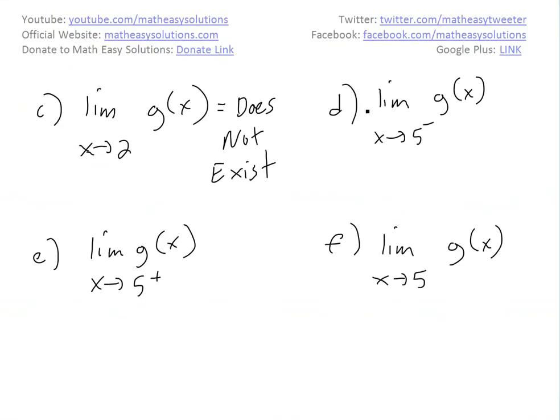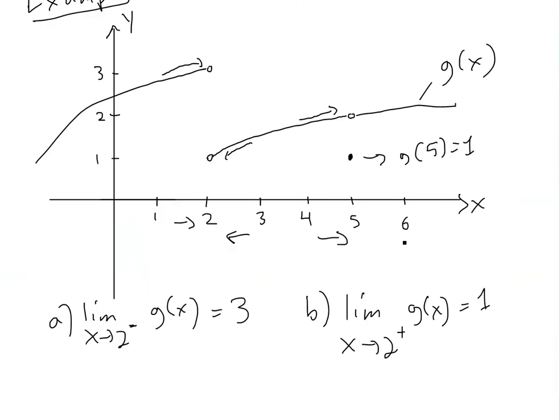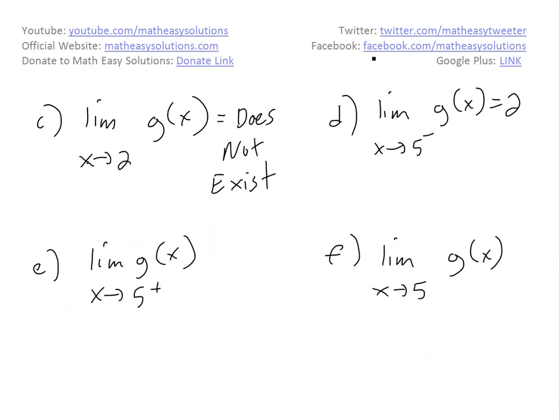And if we approach from the right side, going along this curve, it's also approaching 2. As you can see, the limit from the positive side is 2, so the limit of g of x as x approaches 5 in general exists, and it equals 2.